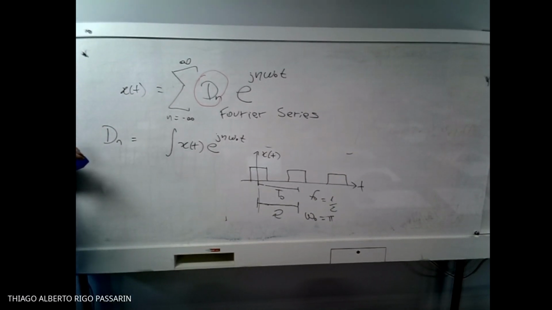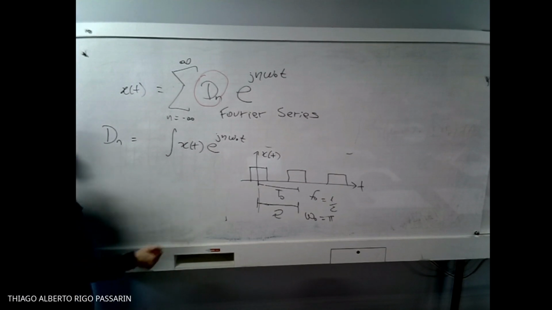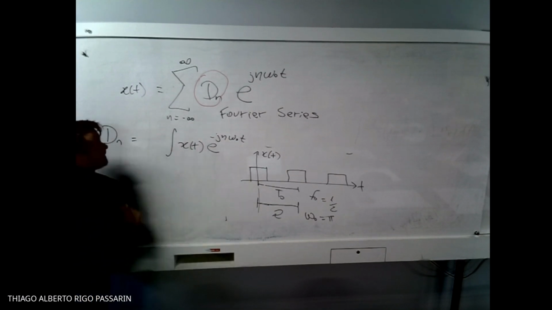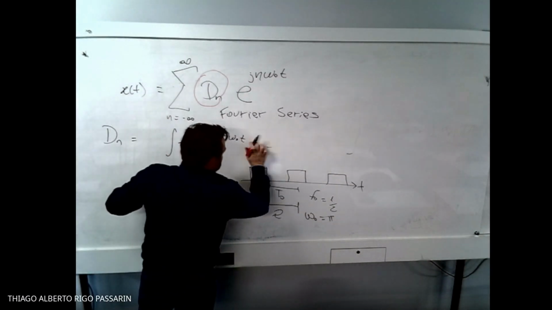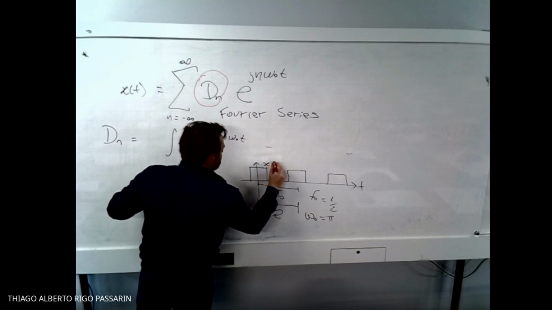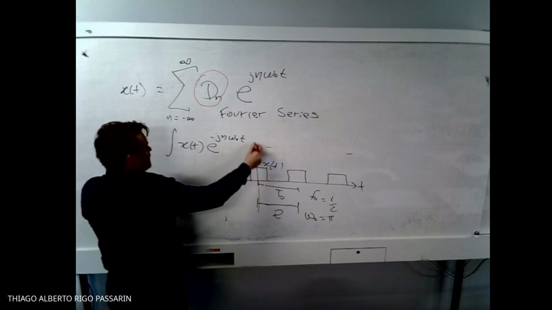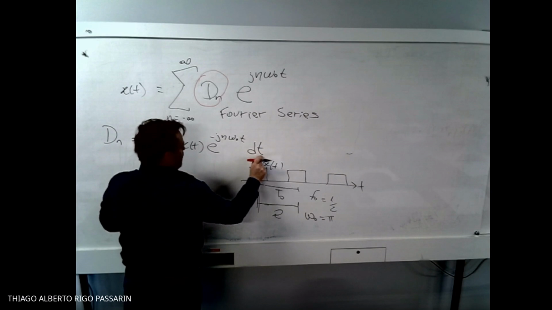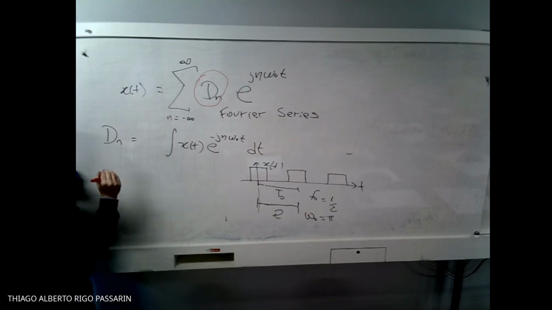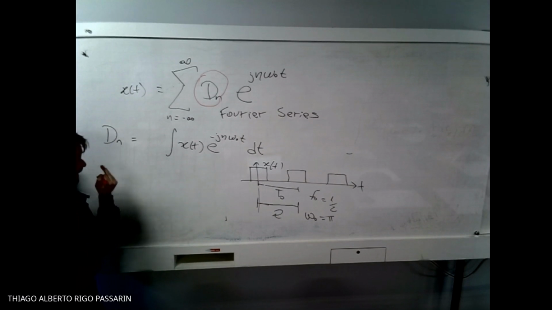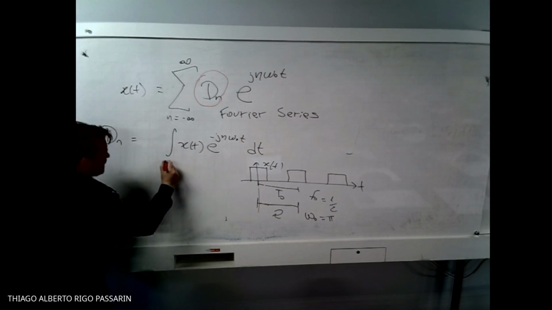Inner product between complex valued vectors: I have to do the complex conjugate of one of them. So let's do the complex conjugate of this one. This is why a minus appears here. So dt, this is our independent variable. We have to do this inner product along a full period.